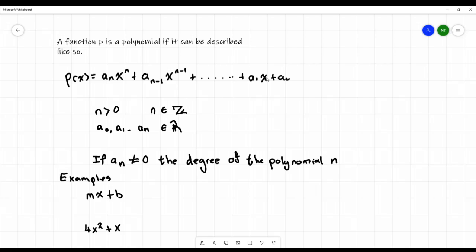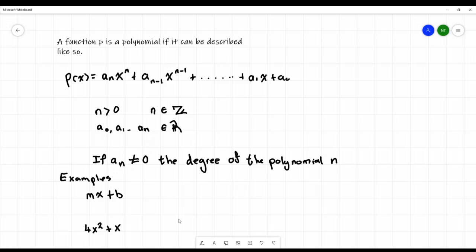So what do we know? n has to be greater than or equal to 0, and n has to be in Z. What does n in Z mean? It means that n is an integer, and the a_i are coefficients that are in R, so real numbers. They could be any number.